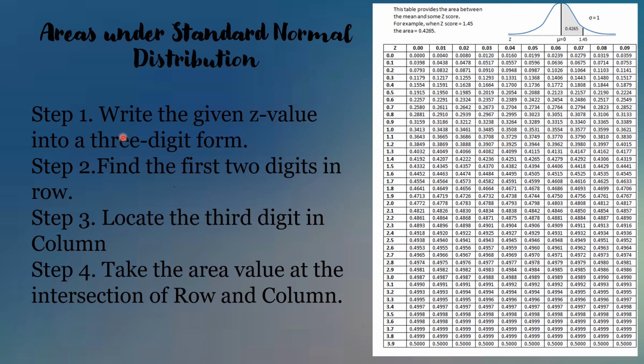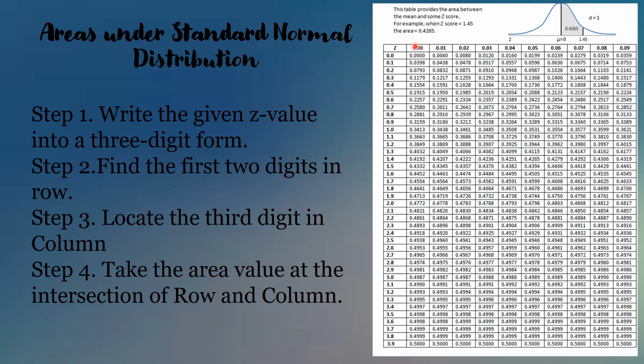Okay, so first step is to write the given z value into 3-digit form. So, dapat lagi siya naka 3-digit form. Okay, so second step is to find the first 2 digit in a row. Okay, so yung first 2 digit ng ating given z value ay dito natin nahanapin. Then, third step is to locate the third digit in a column.